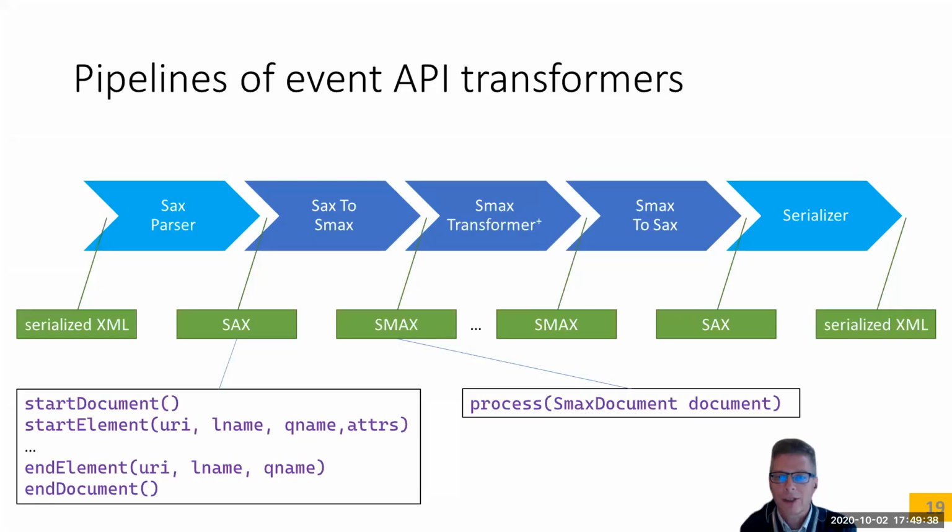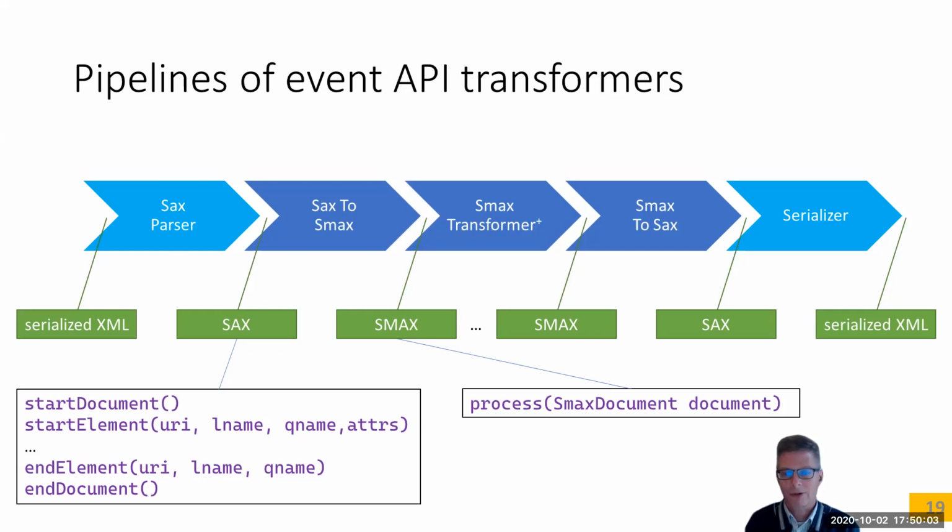It's a bit like this. We start with a serialized XML document, which is parsed by a SAX parser, producing SAX events. And you can see them over there. It's start document, followed by start element for the root element, then a lot of other events, and then finally we have an end element and an end document event.